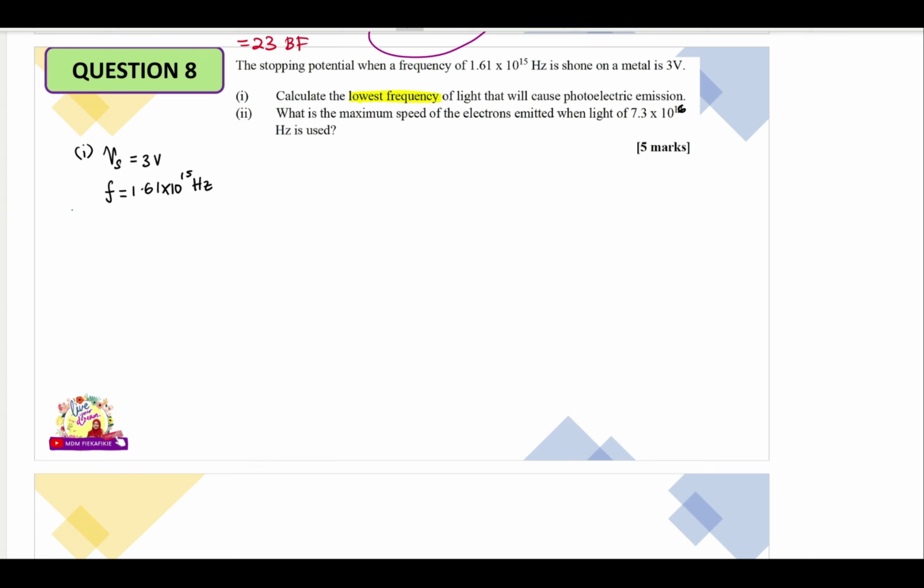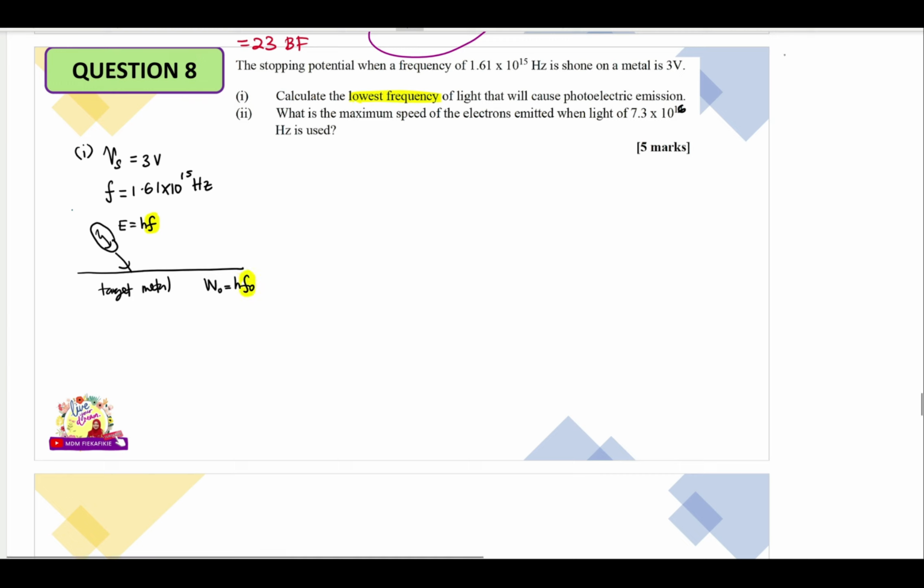Okay, so kita belajar, the lowest frequency, this is the target metal, and then the work function energy. So this is the target metal. Okay, so the lowest frequency of the light ataupun incident light, yang kita nak pancarkan dekat sini. So this is the energy of the photon. So this value F sepatutnya mesti lagi besar daripada F0.